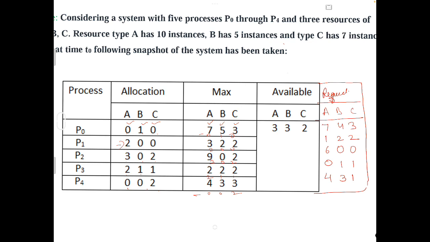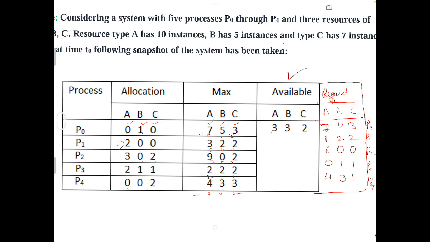Now we will see the available resources. We will start from P0, P1, P2, P3 and P4. We'll start from P0. How many A resources are required? 7. We have only 3. So this will not be executed. We'll move to P1.